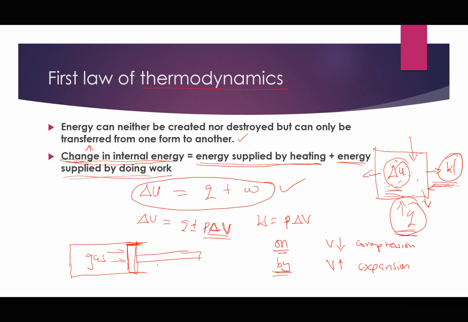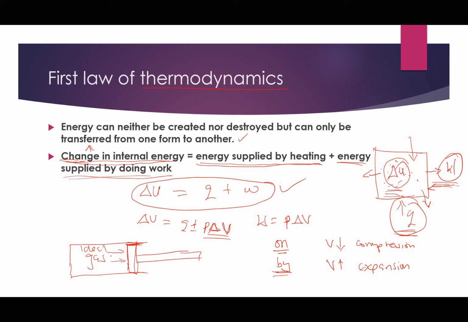We have also seen that the internal energy of a system is actually the sum of the random distribution of the kinetic and the potential energies of the molecules that make up the system. Now recall, my system, which I have defined, is an ideal gas.